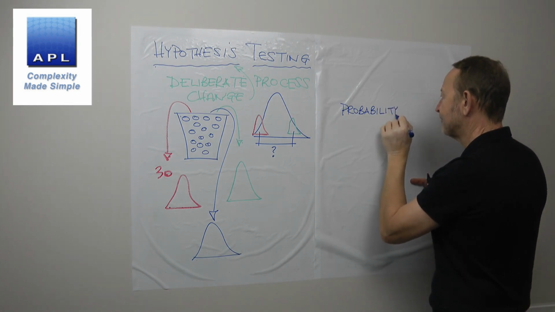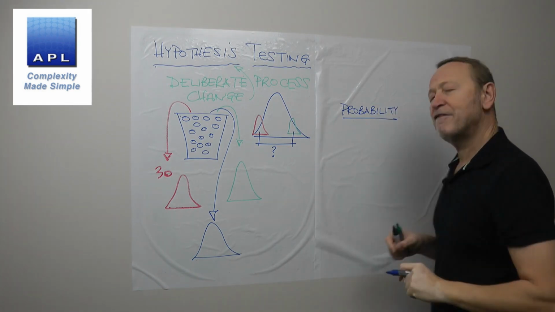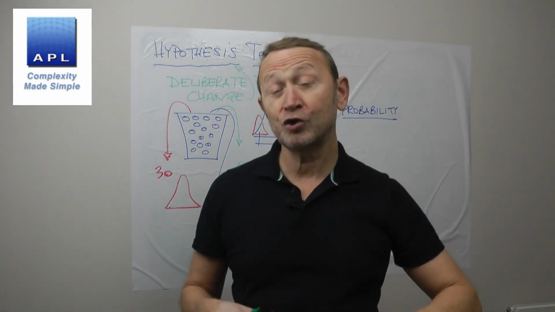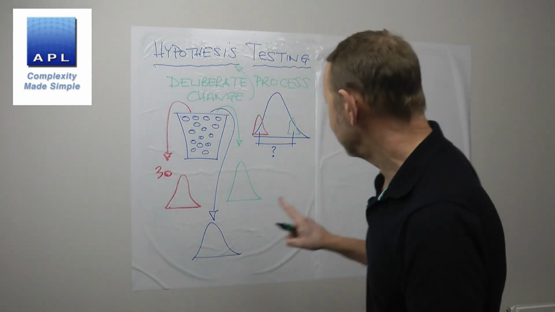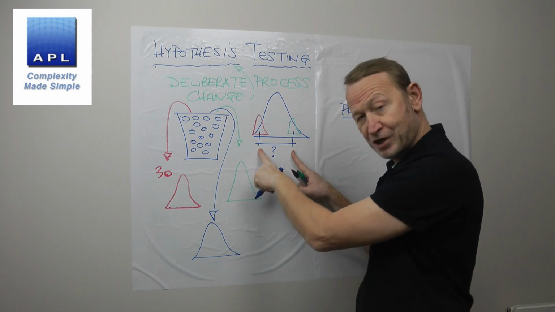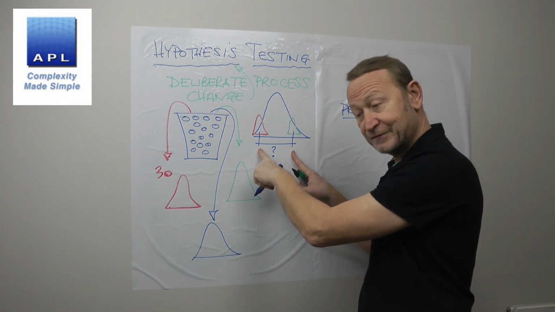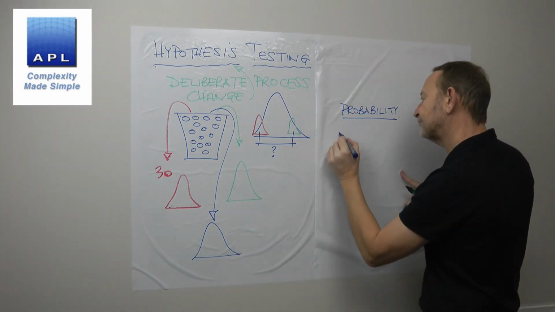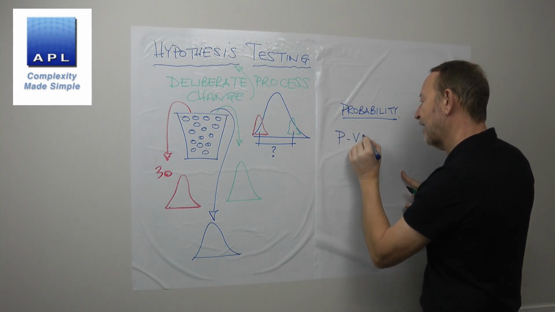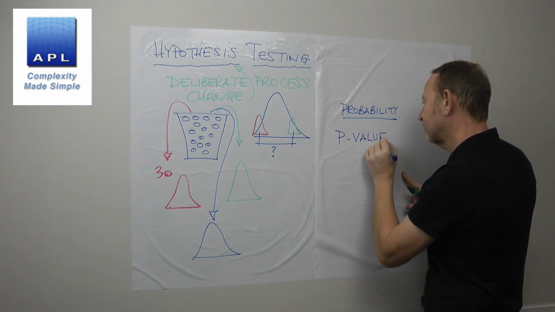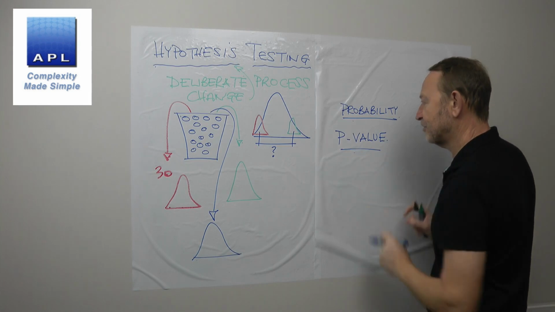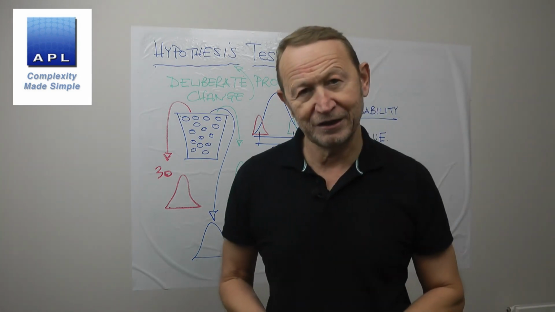Probability. So if we were clever enough, could we work out the probability of these two samples looking like this? Well, indeed we can. And that's what comes out of a hypothesis test, a probability value.